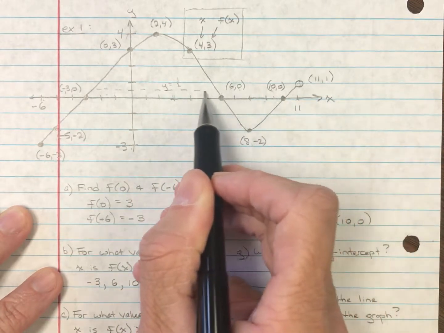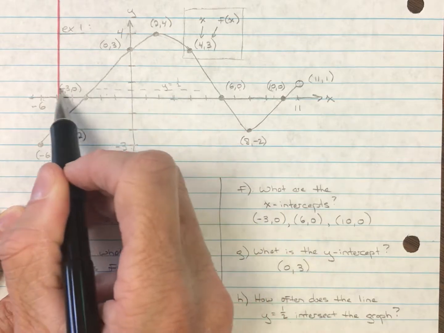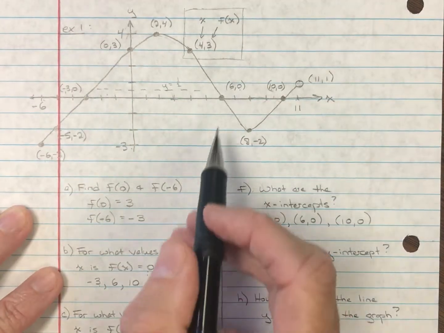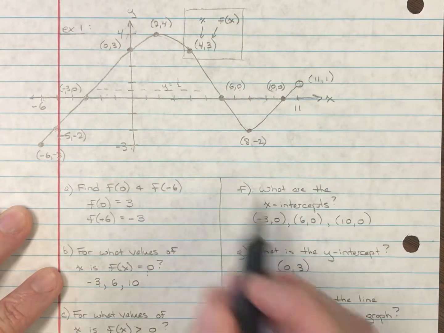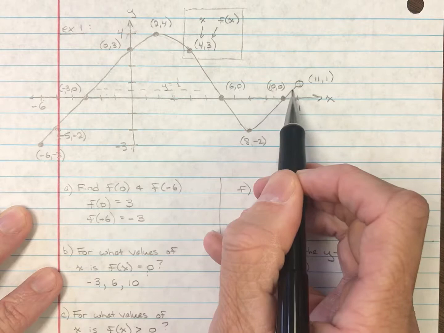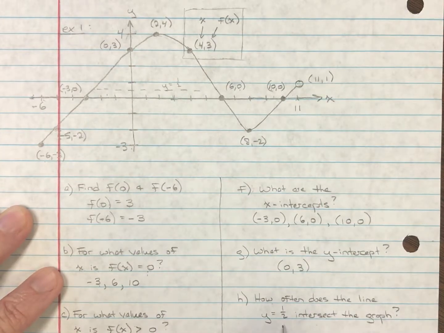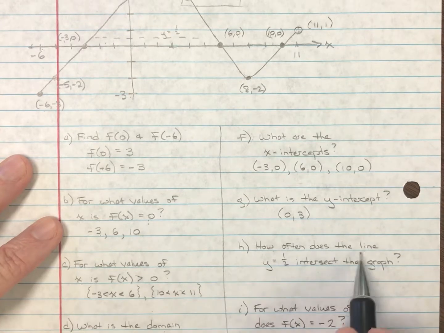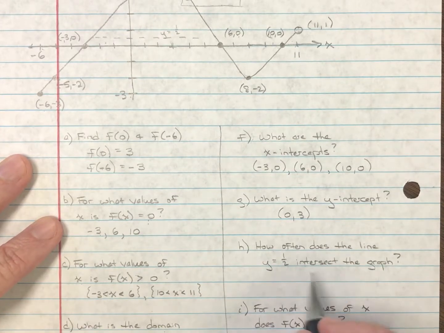How many times does our graph intersect this line? Well, it hits it here, 1, here, 2, and here, 3. So for letter H, how often does the line y equals 1/2 intersect? 3 times.